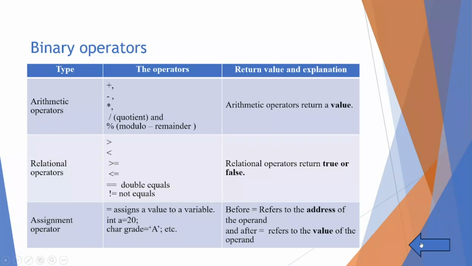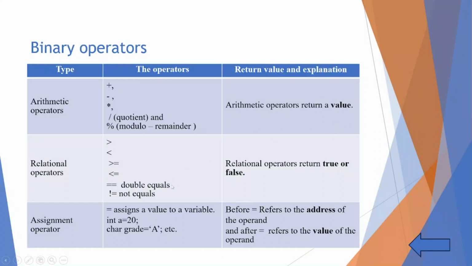Forward slash gives only quotient on division. So 5 divided by 2 is 2, 2s are 4. So 2 will be the answer. Whereas modulo gives remainder. So 5 modulo 2 will give 1, 2s are 4, 1 is the remainder. And these arithmetic operators always return a value.